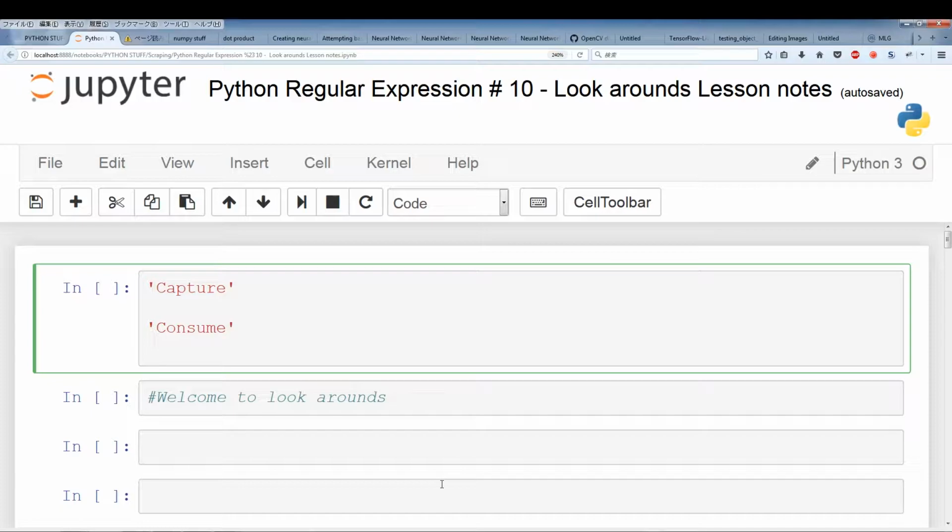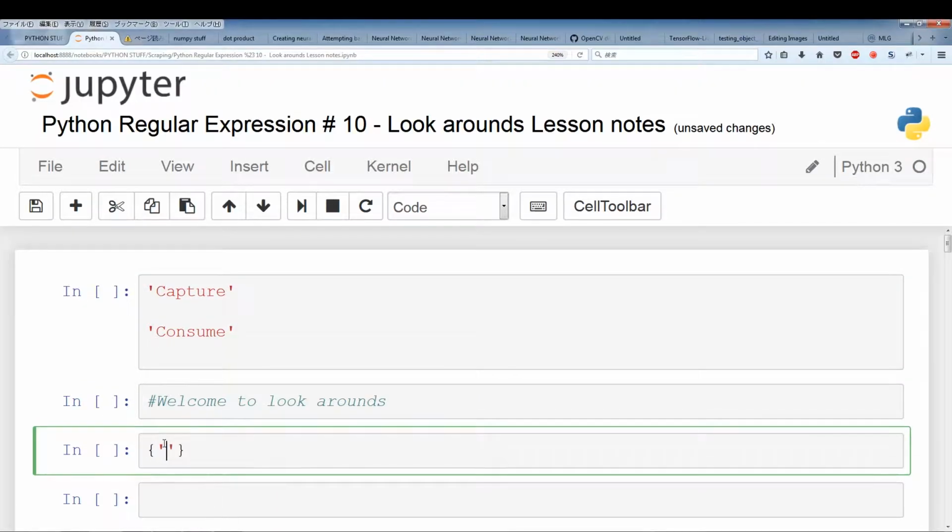Now, consuming. This is another word that I use interchangeably with capture, but a regular expression consumes characters. So if we have something like \w+, this is looking for all alphanumeric characters.